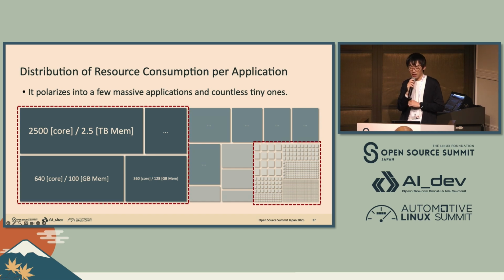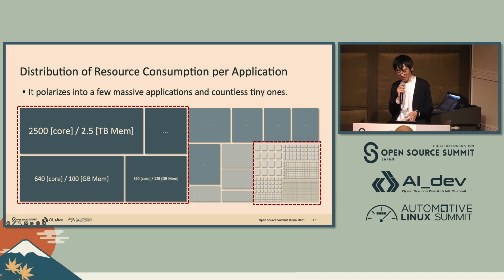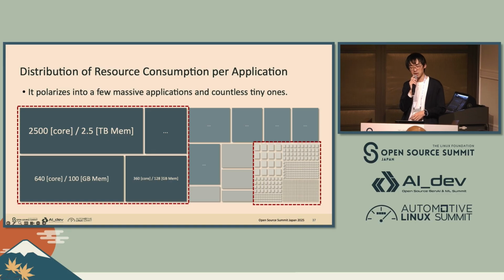And as it shows, the distribution tends to be divided into two characteristics: a few applications that consume a large amount of resources and a large number of applications that consume a small amount of resources. I believe that this is likely the case in many organizations.